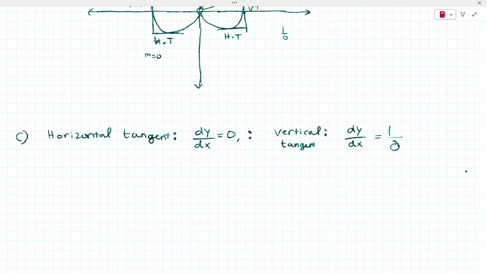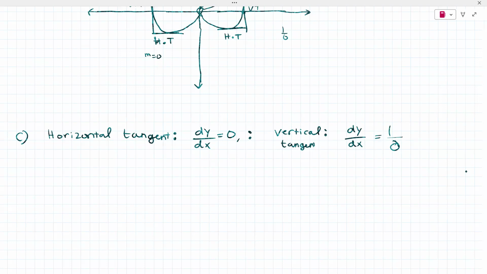So if you recall, what would horizontal be? Wait, it's dy over dx, right?